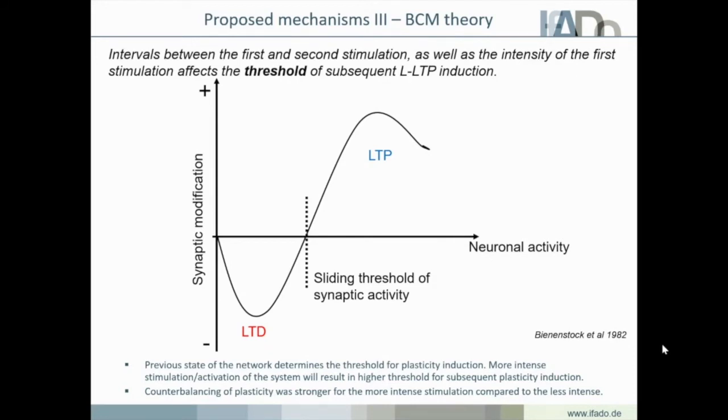So with the subsequent stimulation, we were able to go over the threshold and induce late phase LTP-like plasticity. But that was not possible for the more intense stimulation, because with the first application of the intense stimulation, the threshold was increased because of the high intensity. So we were not able to induce late phase LTP-like plasticity with subsequent stimulation.